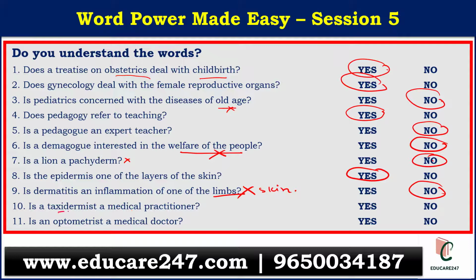As I mentioned, taxidermy was related to stuffed artifacts and he is not a medical practitioner, so no. Next, is an optometrist a medical doctor? So is the optometrist the medical doctor or the ophthalmologist? The ophthalmologist is the medical doctor, if you remember. Optometrists deal with testing your vision. So I'll just mark no here.